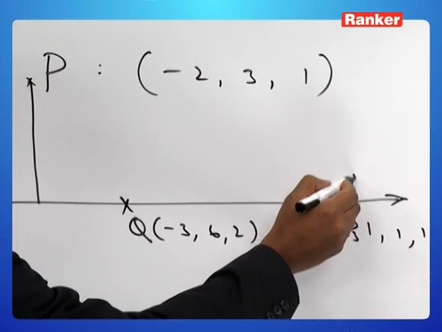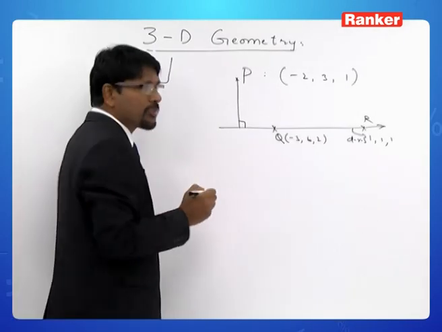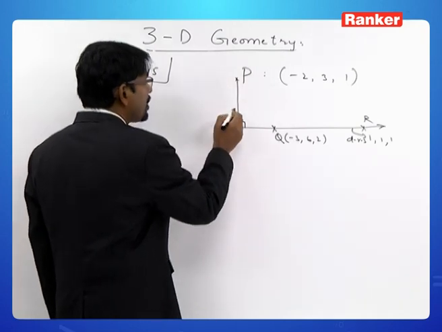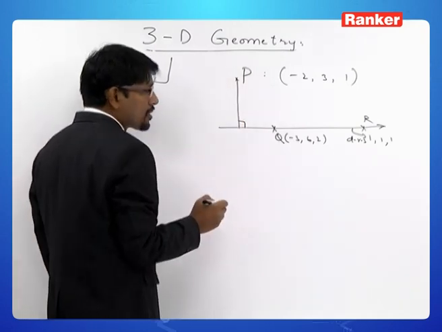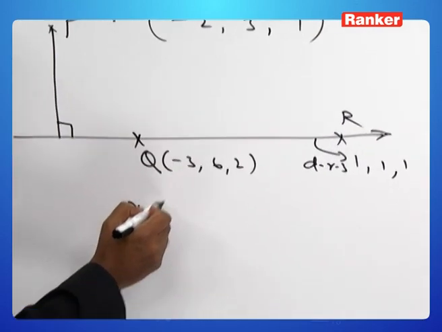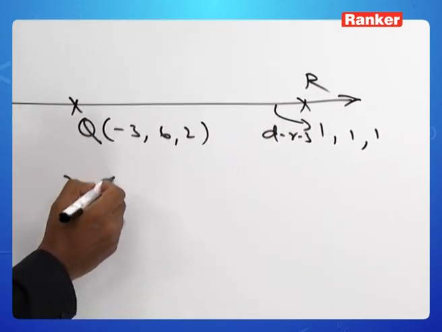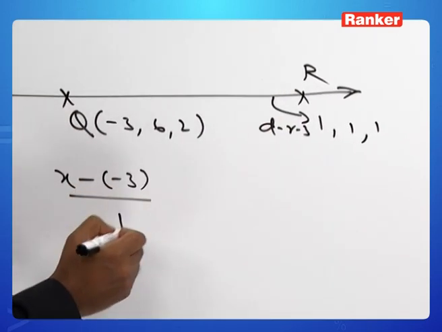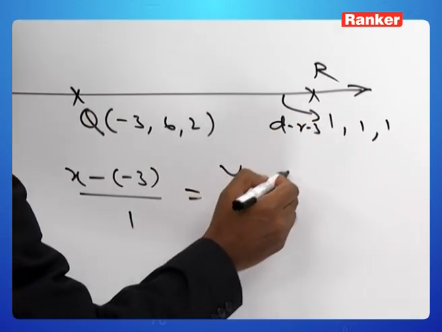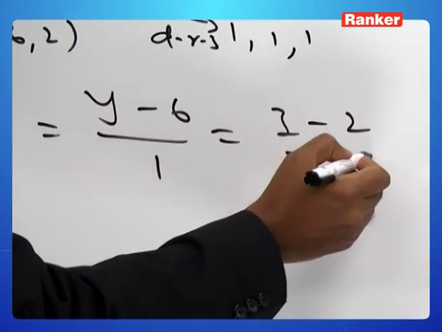R is some point somewhere on this line, QR. Distance would always mean the shortest distance from the point to this line, and that is the perpendicular distance. Let's write the equation of this line. We know one point and the DRs, so (x minus of -3) by 1, then (y minus 6) by 1, and (z minus 2) by 1.